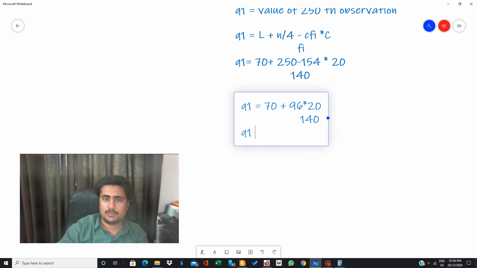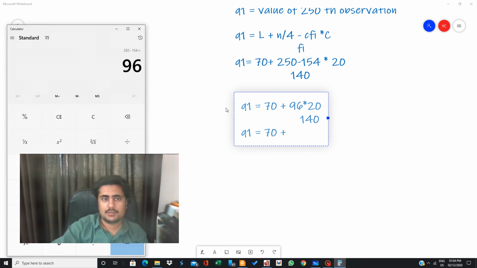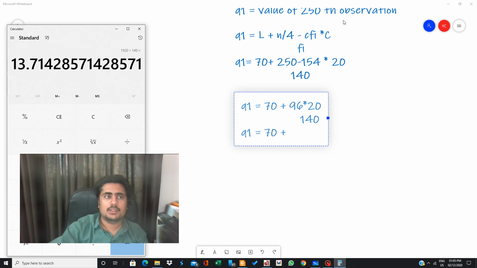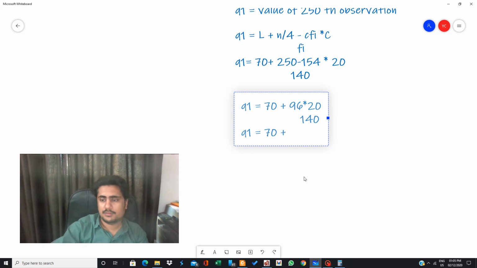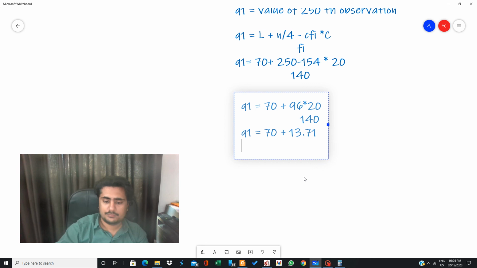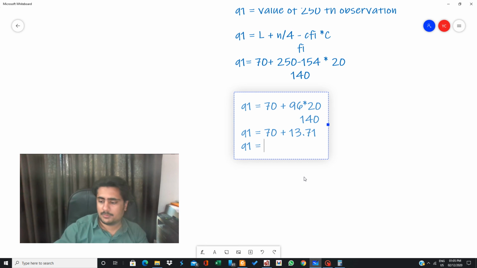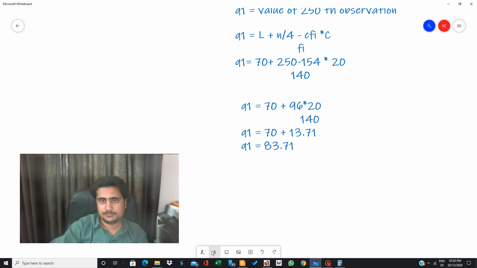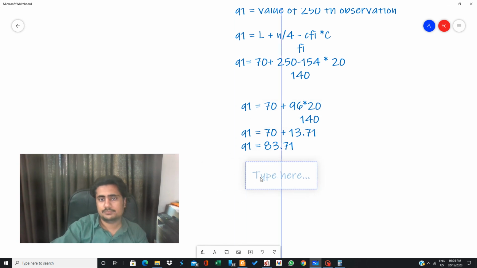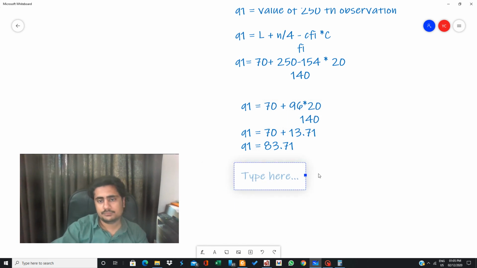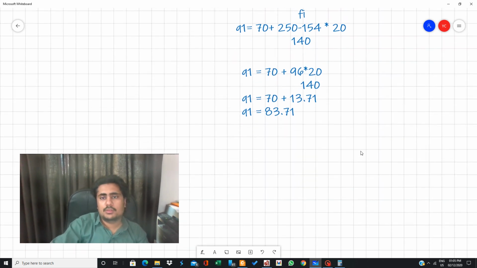So basically my Q1 will be 70 plus 96 into 20 divided by 150, that is 13.70. Q1 will be 83.70. So this is my Q1.